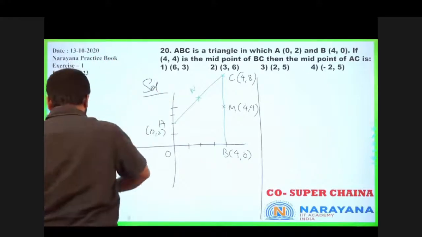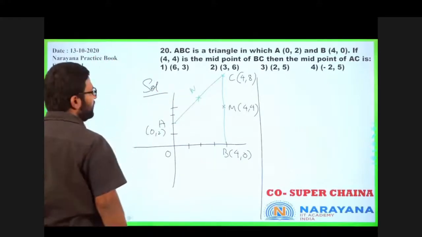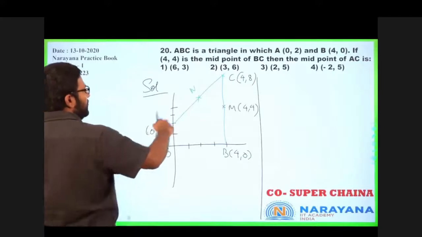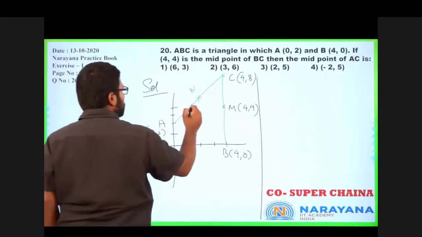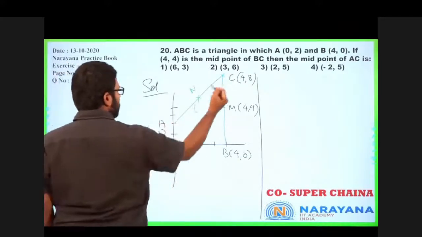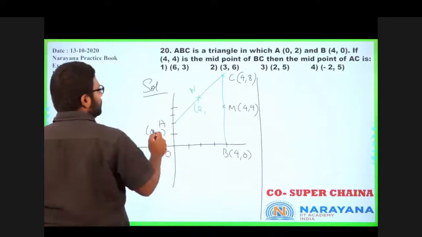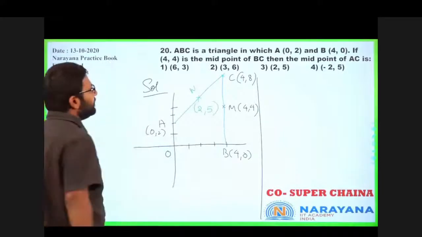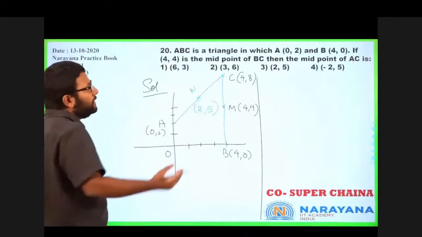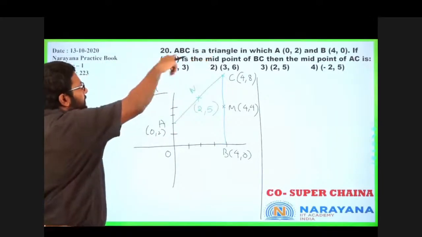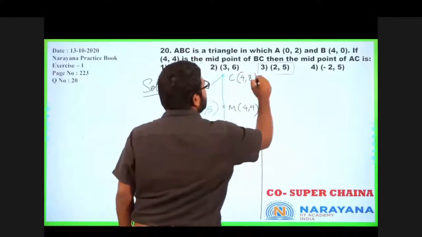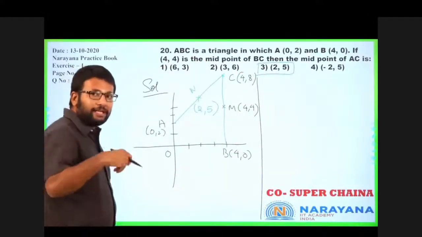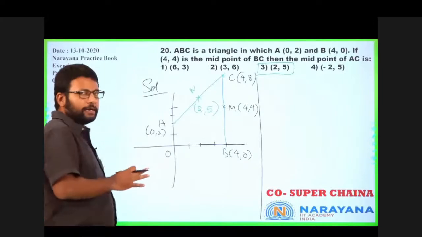So what will be the coordinates of N? (0 plus 4) upon 2, which is 2, comma, (2 plus 8) upon 2, 10 by 2, which is 5. Done. Just asking for the midpoint of AC, (2, 5). Don't have to write anything. Purely by diagram you can get it, okay?